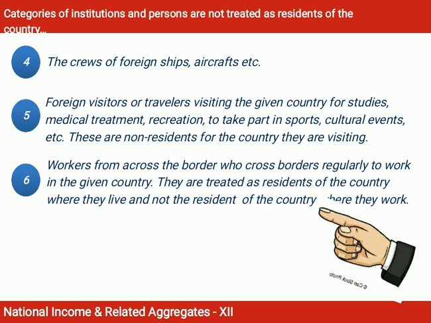And the sixth category is workers from across the border who cross the border regularly to work in the given country. They are treated as residents of the country where they live, not residents of the country where they work.